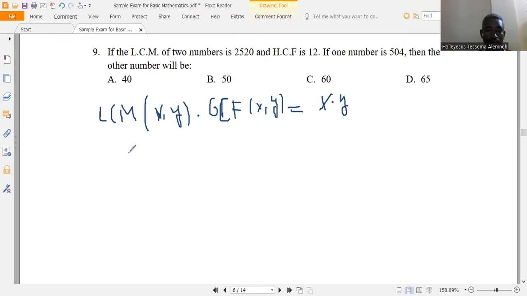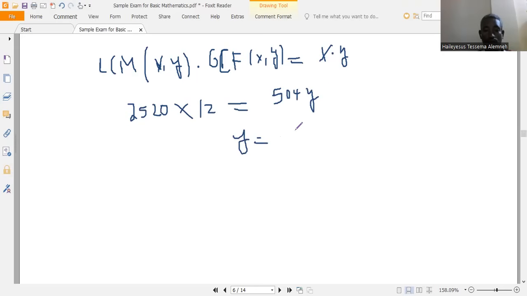So LCM is 2520 is given, times 12 is given, which is equal to the first number, 504 is given, times y. So y is equal to 2520 times 12 over 504.